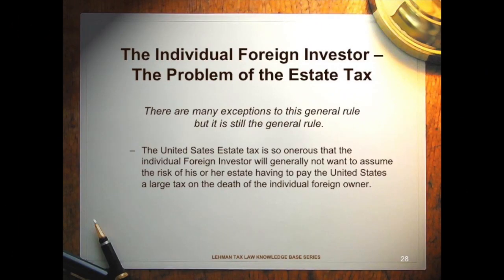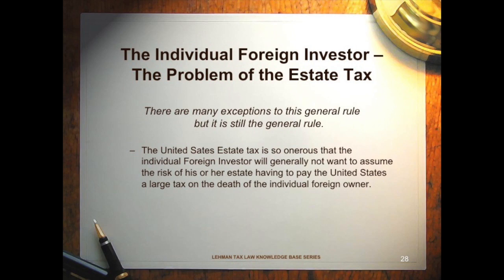So now we're going to switch over to the estate tax field. We've covered the income tax issues. We have covered the taxation. We've covered the entity choice. We've covered the planning aspects of this.